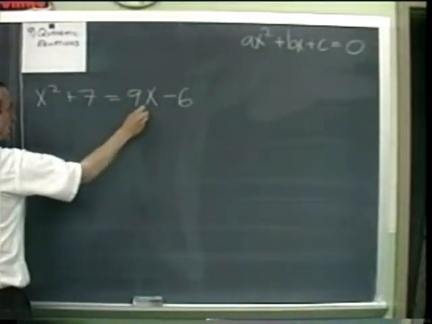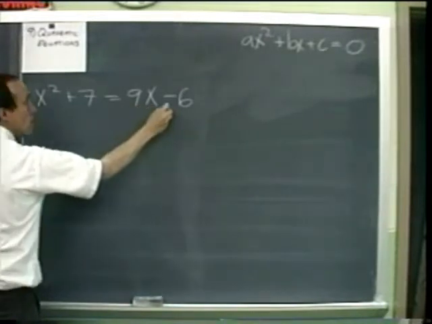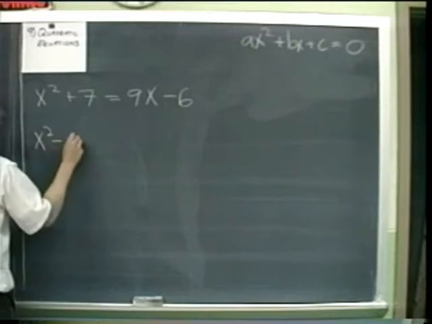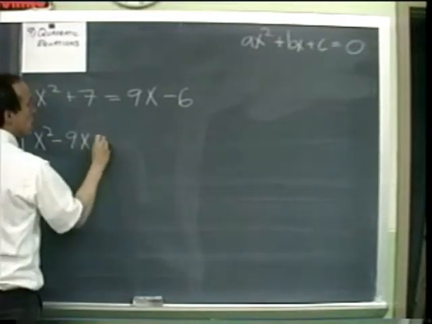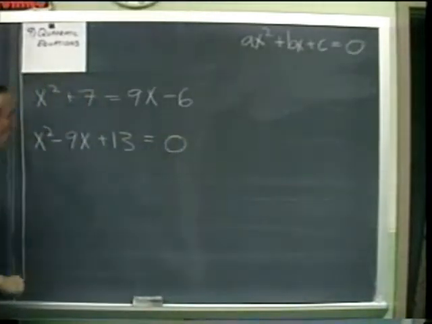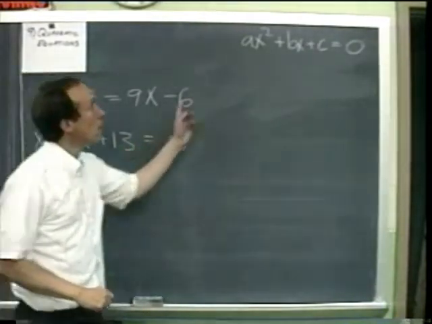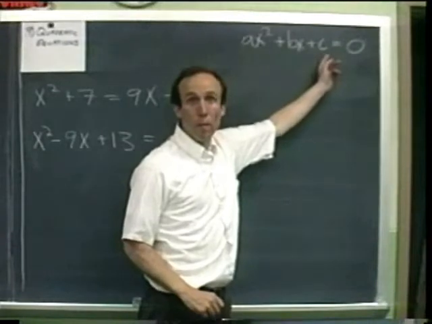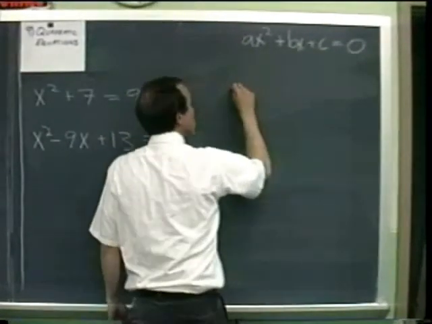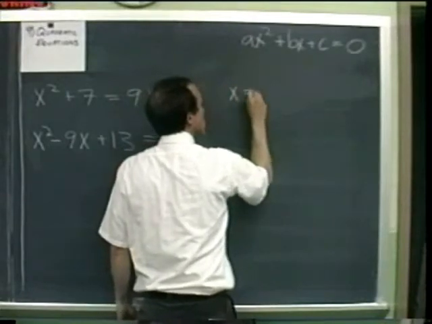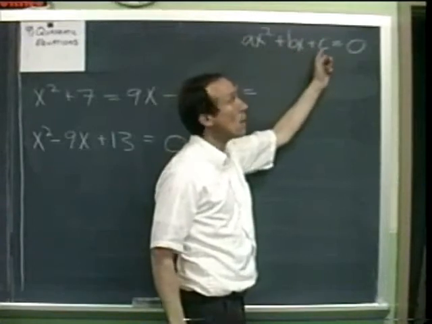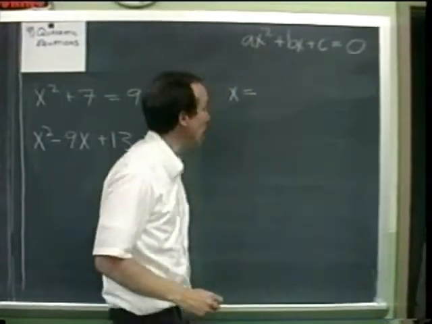So let's subtract 9x from both sides and add 6 to both sides. We get x squared minus 9x plus 13 is equal to 0. And now it's got the standard quadratic form. The solution to the quadratic equation, typically written x is equal to, and then all the rest just involves the coefficients, doesn't involve any x's.